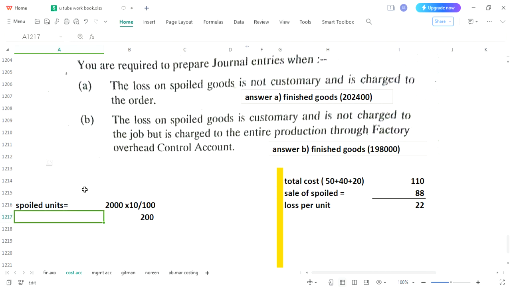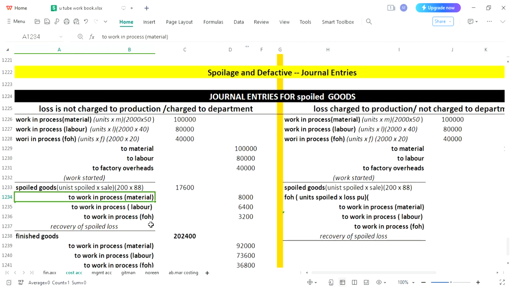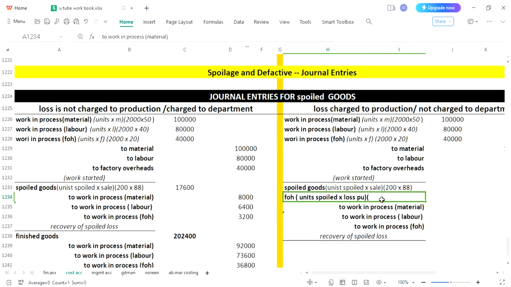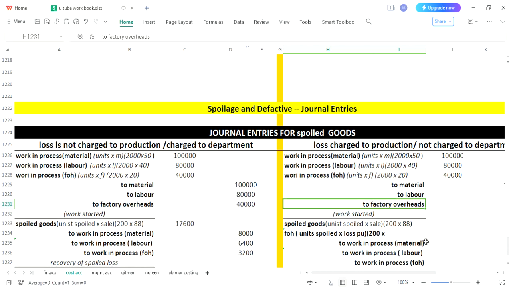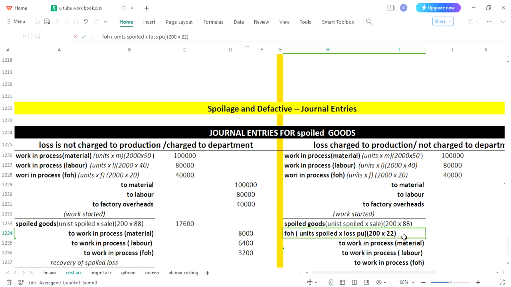So we do know that 200 were total number of spoiled goods. Come over here, 200 spoiled goods multiplied by loss per unit, and this loss per unit we have recently calculated is 22. So we are going to put 22 over here. In this way our formula is completed.